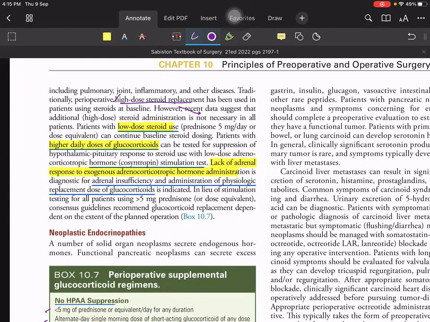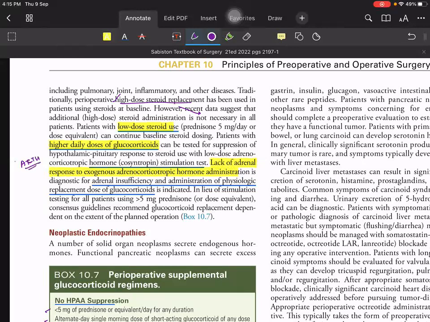Okay, the patient with a higher daily dose of glucocorticoids can be tested. Suppose you are giving high glucocorticoids, you should check for the HPA suppression. HPA suppression to steroid is tested with low dose adrenocorticotropic hormone, so low dose ACTH.